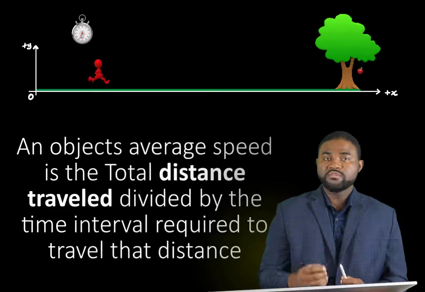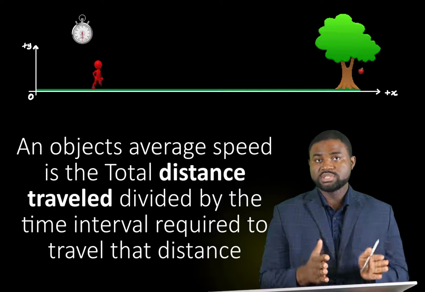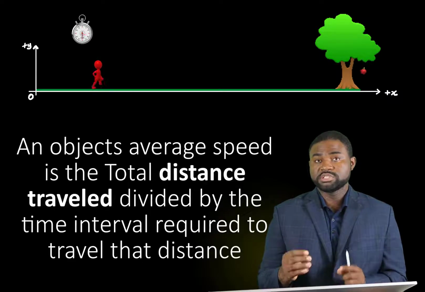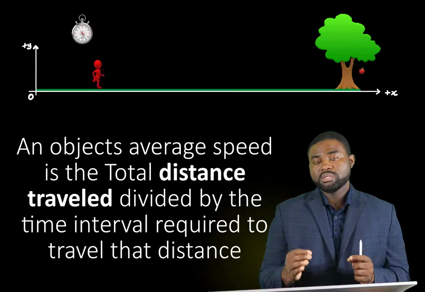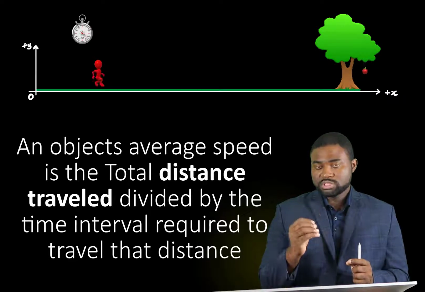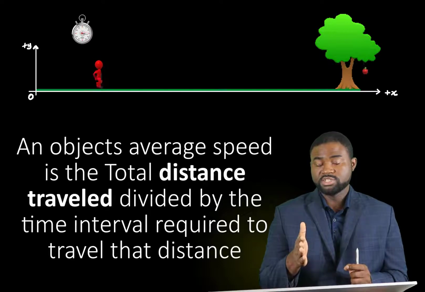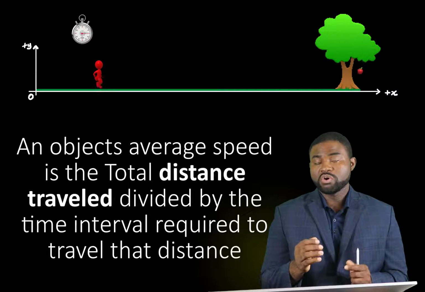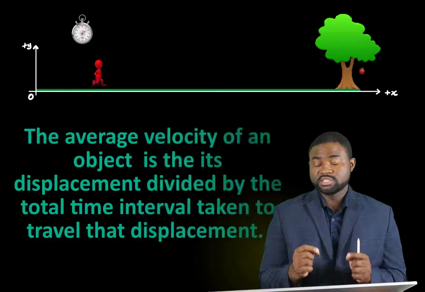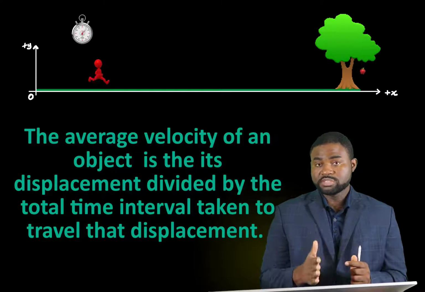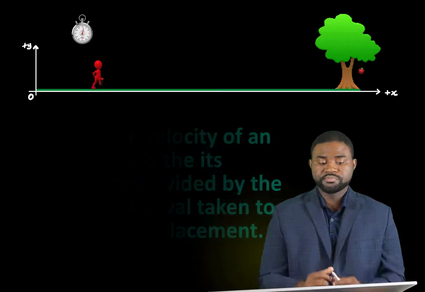An object's average speed is defined as the total distance traveled by that object divided by the total time taken. Now, the quantity that defines both the speed of an object and its direction of travel is what we call average velocity. Average velocity is simply the total displacement of a moving object divided by the total time taken.